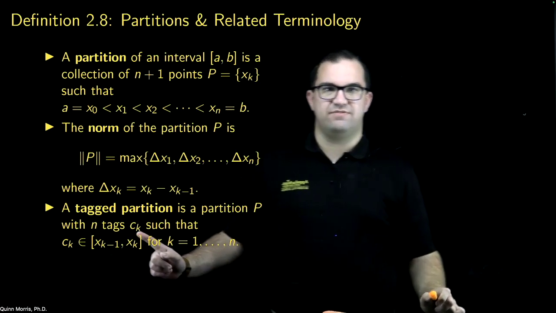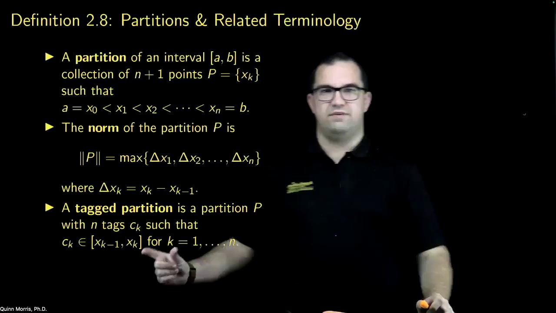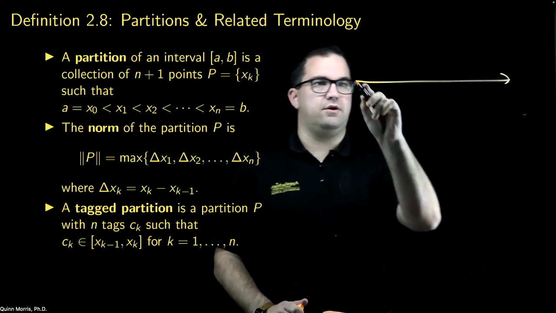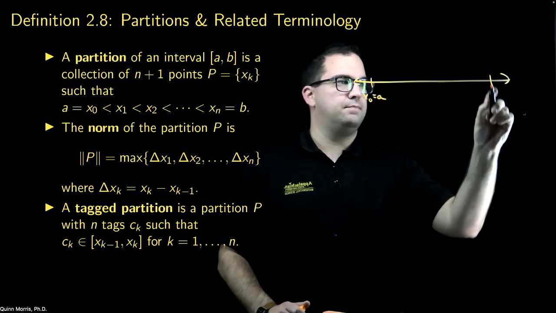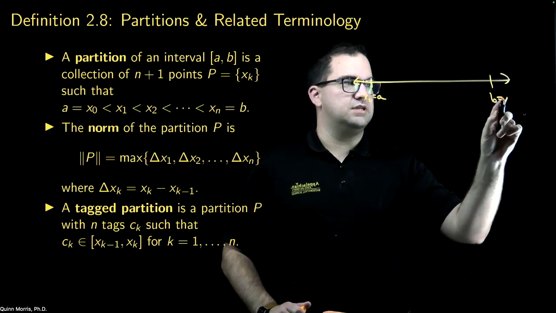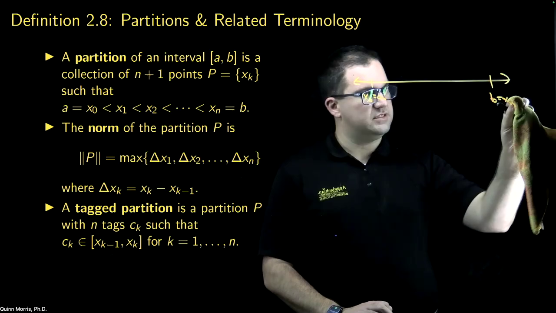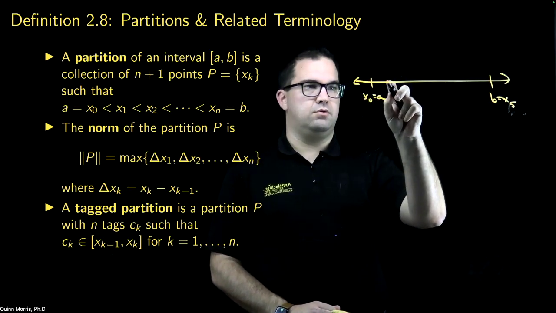The tags are these values c sub k, where each c sub k lives in the kth subinterval. For example, here's x0, which is A, here's B, which is xn, and let's imagine you have, say, 5 or 6 total points.